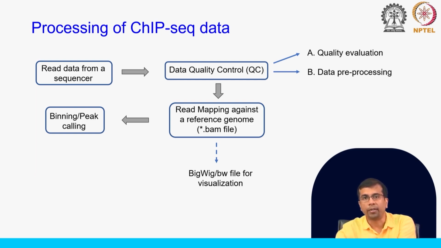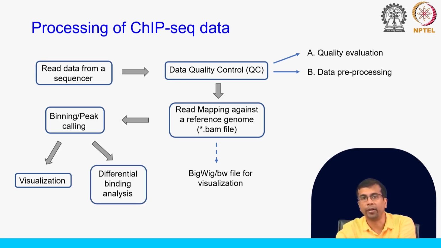Once we have done this, we can visualize these peaks, and we can also visualize the BW file. And once we have this peak calling, we can then do something called a differential binding analysis. So, what is differential binding analysis? Let us say we are working on 2 different sample types, and we are interested in looking at the binding pattern of a transcription factor in these 2 different sample types.